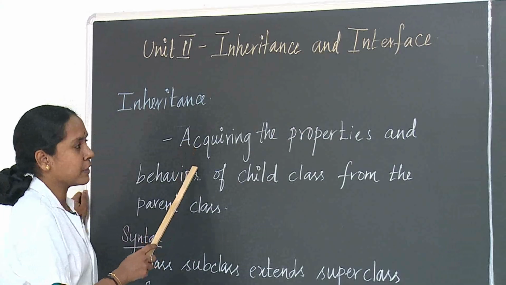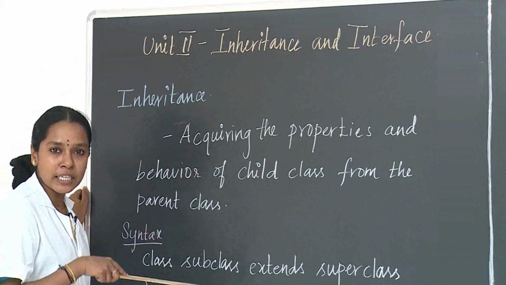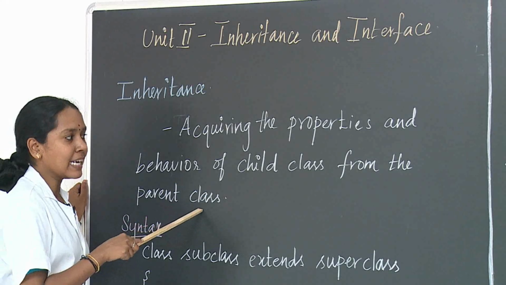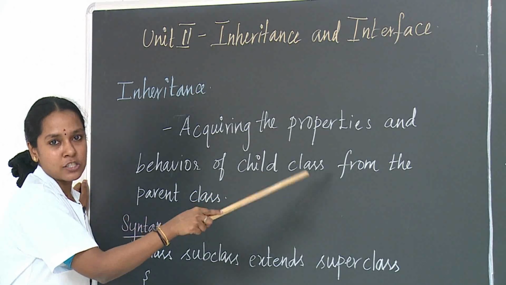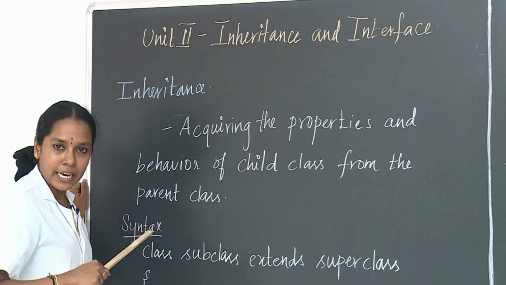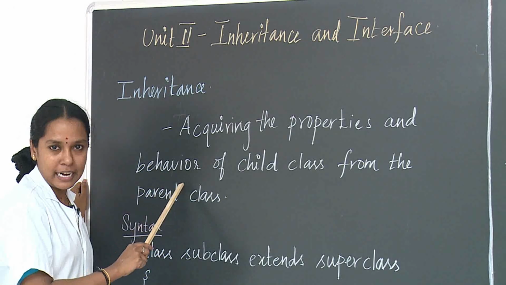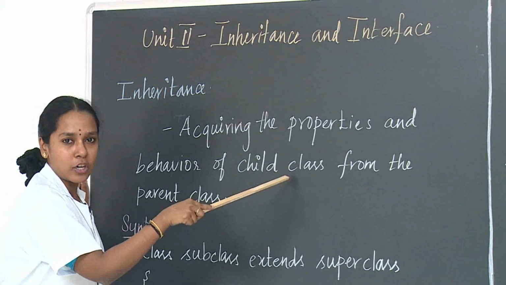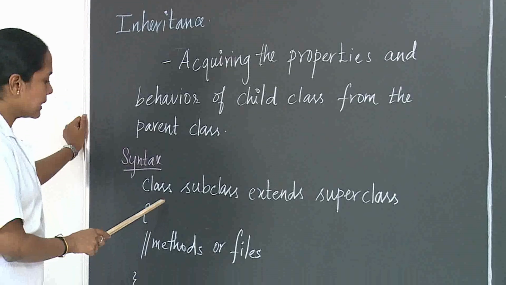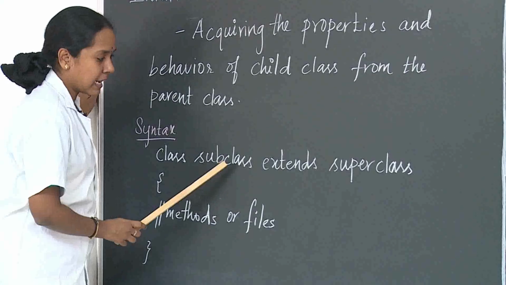Okay. So here is the definition: inheritance is acquiring the properties or mechanisms of the parent class into the subclass or child class. That is, we are going to derive the properties of the parent class in the subclass, also called the child class. That is called inheritance. So here the syntax: this is the subclass.